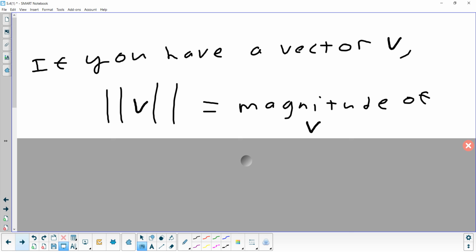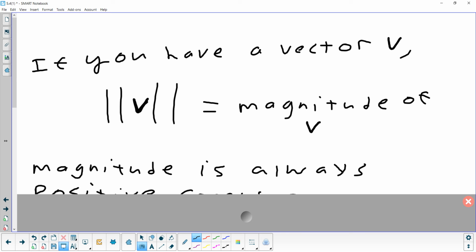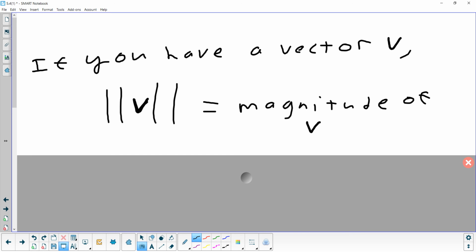It's when you put double bars around a vector. So the thing inside here has to be a vector, and you put double bars around it. And that symbol means magnitude. Now the magnitude is always how long the vector is, so it doesn't matter which way it points. If you measure the length of an arrow, what kind of number are you always going to get?